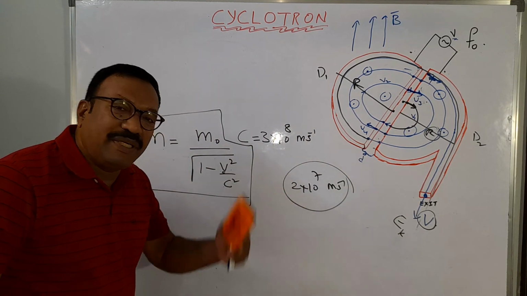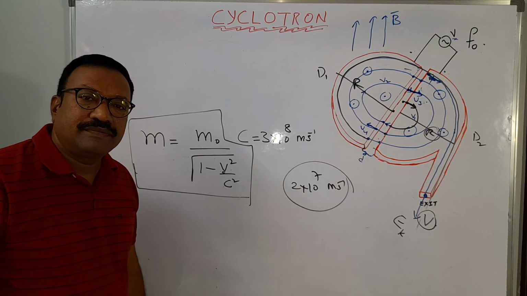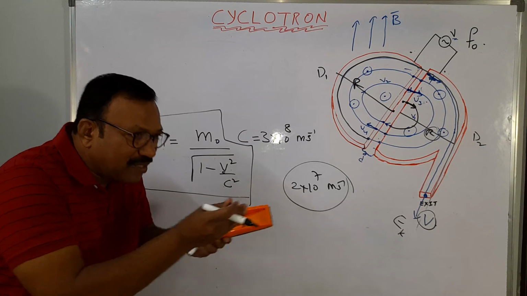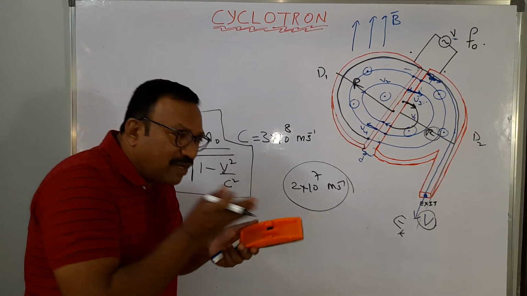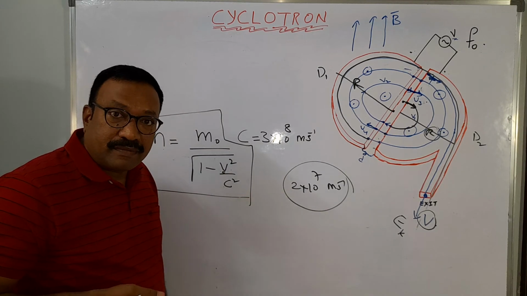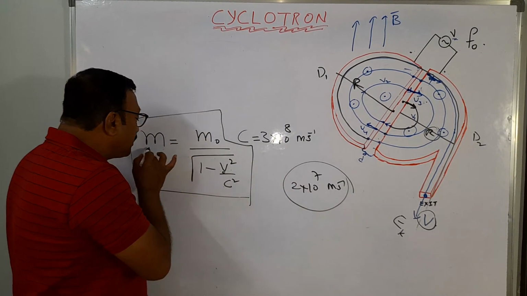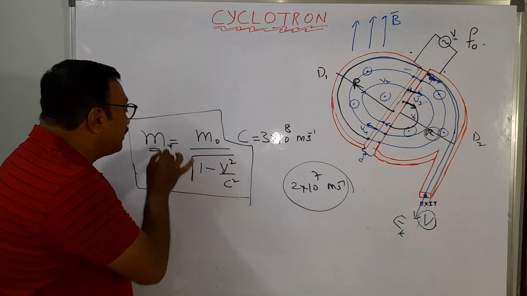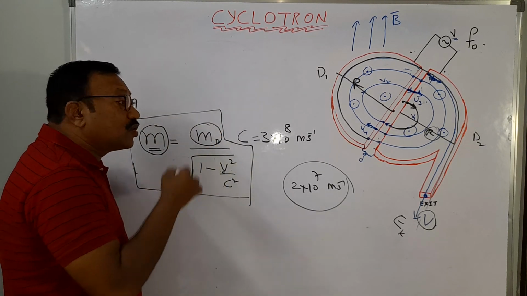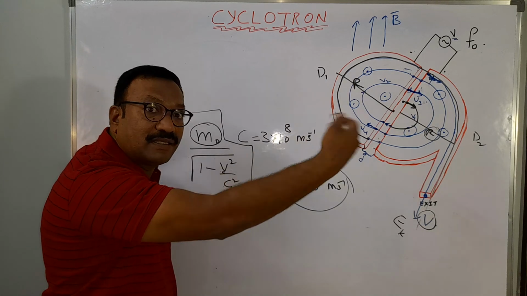When these velocities are comparable to the velocity of light, at least we can compare 1/10 of the velocity, or 1% or 2% of the velocity of light, at that condition the mass of the particle will be increasing. This is the mass of the particle, and this is the rest mass.